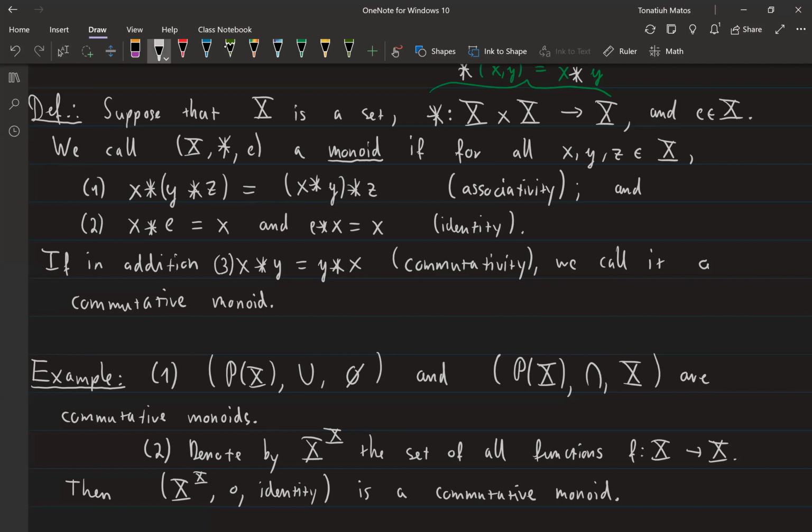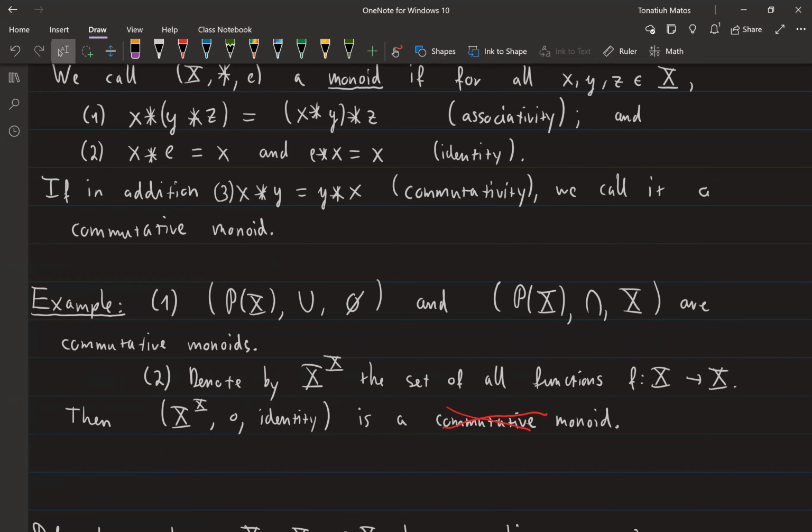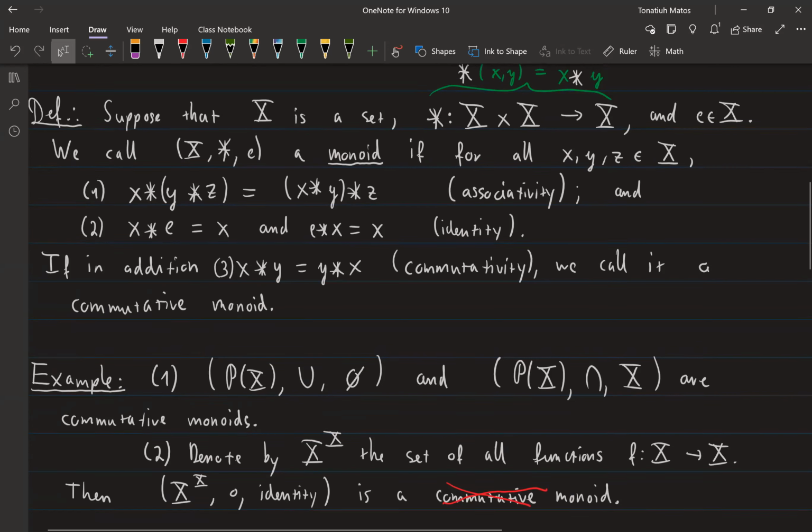There's no reason to expect that multiplying times 2 and then adding 4 would always produce the same result as first adding 4 and then multiplying times 2. In fact, it doesn't, and I just gave you a counterexample. So this is almost never a commutative monoid, unless perhaps in very specific cases where X is a singleton or an empty set or something like that. So this is not a commutative monoid, and I made this mistake.